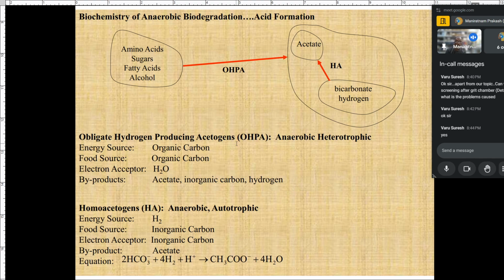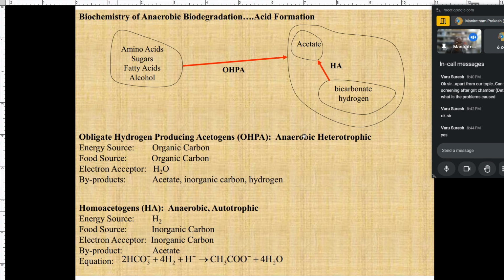So again, OHPA will convert into acetate, and along with acetate there will be some bicarbonate and hydrogen, and that will be converted into acetate with the help of homoacetogens, HA, which are also anaerobic and autotrophic in nature, okay?